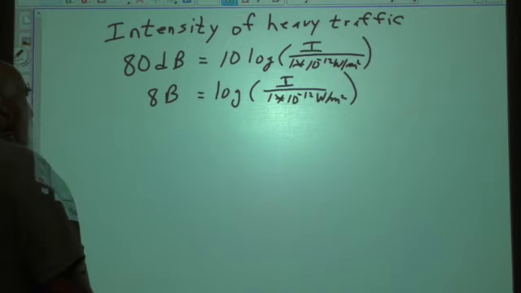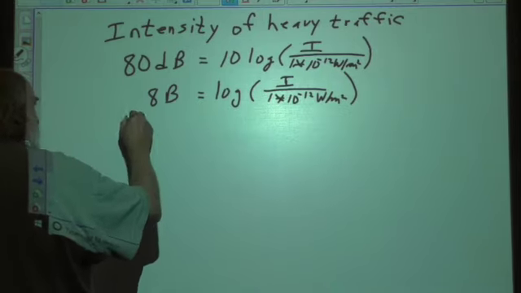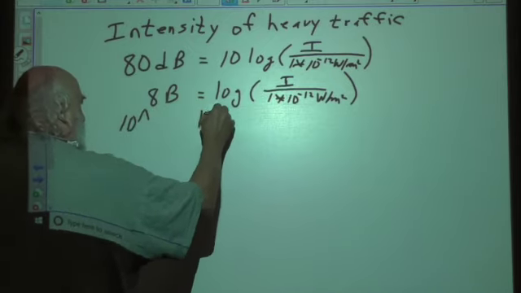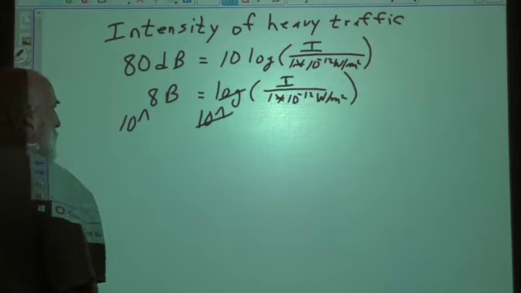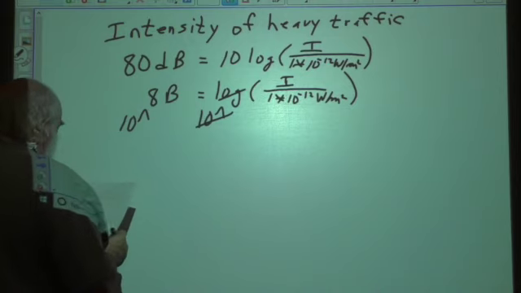Okay, then I'm going to get rid of the log here, so you take 10 caret both sides, that cancels that out right there, and 10 to the 8th.